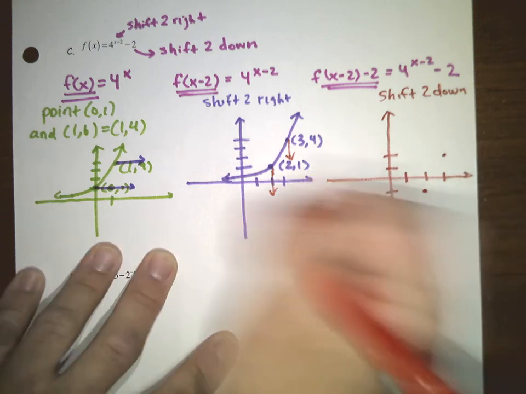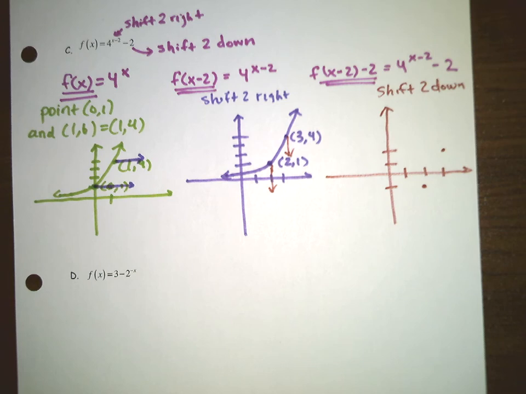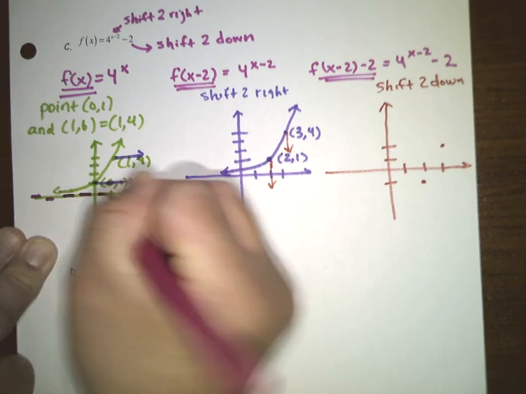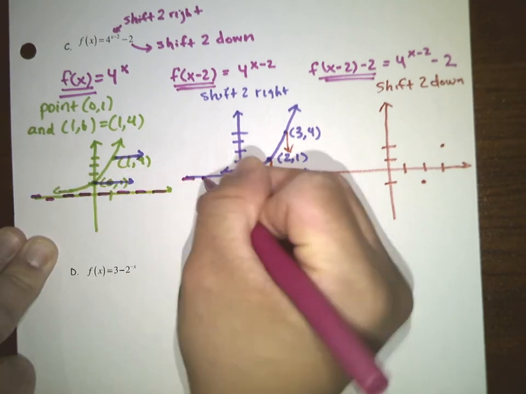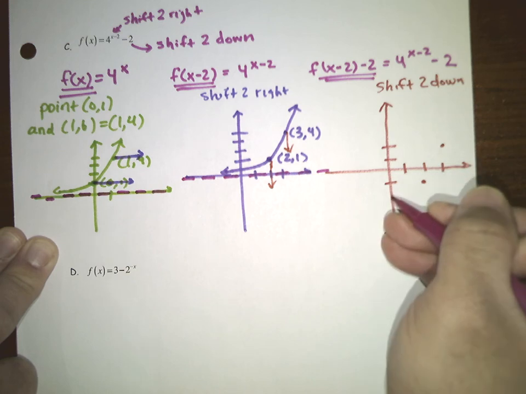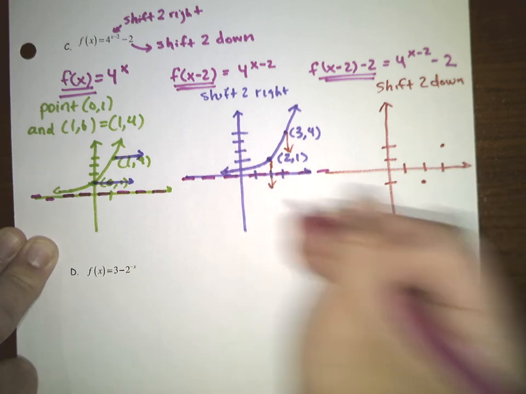And now here's the thing, I want you to be clear on the fact that the asymptote was at y equals 0. So here the asymptote didn't move, but here the asymptote needs to be shifted down also.